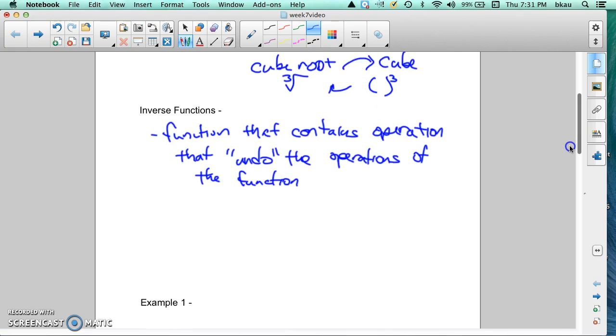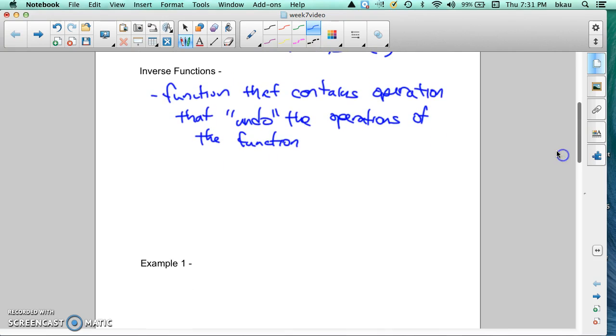So an example of that would be something like if we had a function f of x equals x plus 7. What we're doing here is we're adding 7 to the value of x. So we would want to undo that.